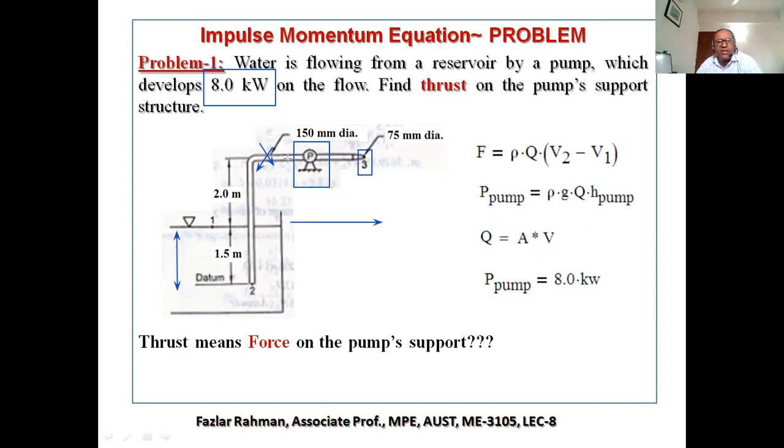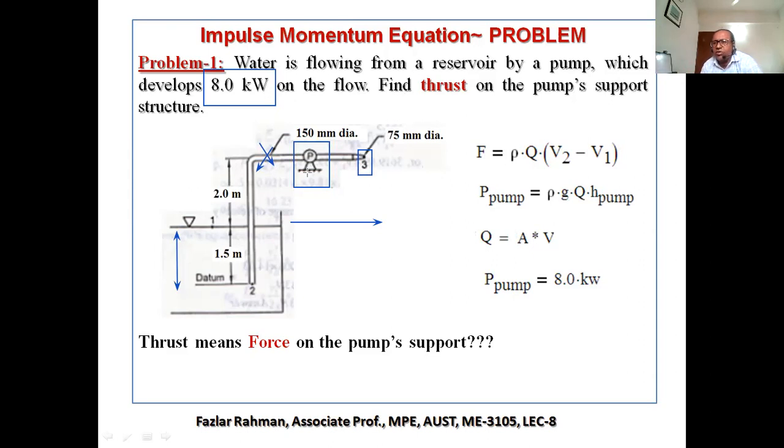That means how much force the fluid will apply on the pipe or on the pipe support. If your support is very weak, then what will happen? The pipe will vibrate. Ultimately, the pump will vibrate, the support will get lost, then ultimately it will break down. So you need to make sure that your support is strong.